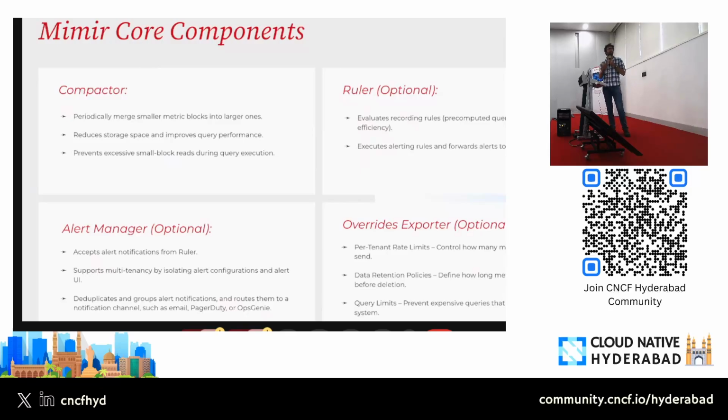Whenever something goes wrong, you get an alert because the ruler sends a trigger to the alert manager, and based on what you configured, like Slack or email, the alert manager sends you an alert. But these are optional because Grafana already comes with all these features. There is another optional component called override exporters, where you have limits. If some cluster is sending all the metrics continuously non-stop, and you want to put some limit on that, this will be helpful.